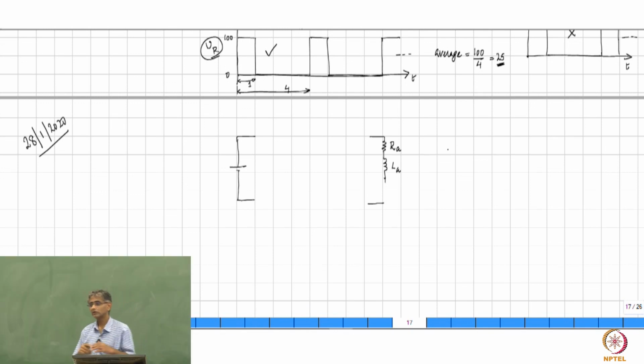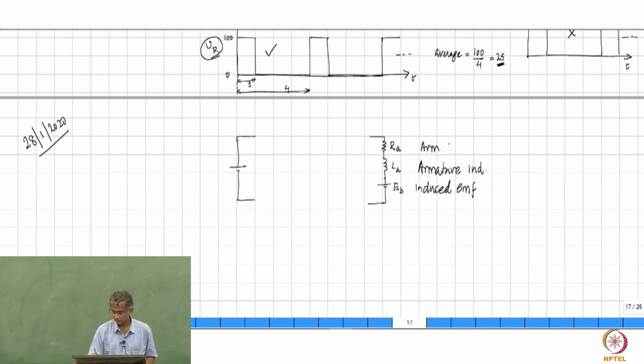If the motor is rotating at a fixed speed, then the induced EMF is simply equal to some gain times the speed, some k into omega, and therefore for a fixed speed operation you can represent that by another DC source. This is the induced EMF, I'll call it EB. So this is induced EMF, this is armature inductance, this is armature resistance.